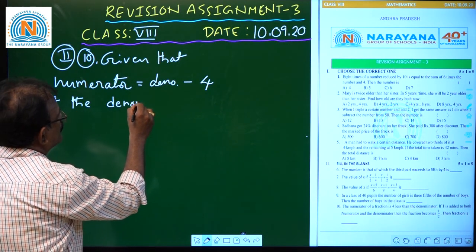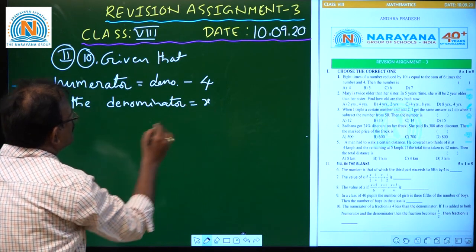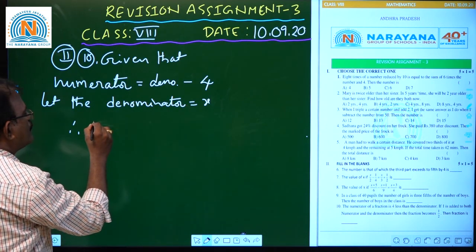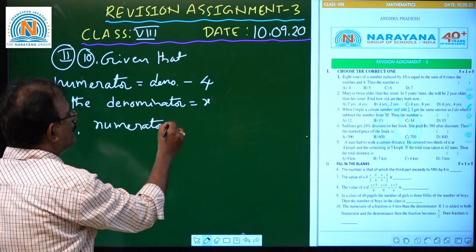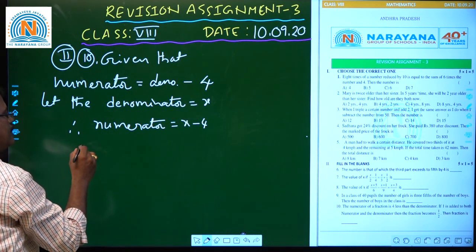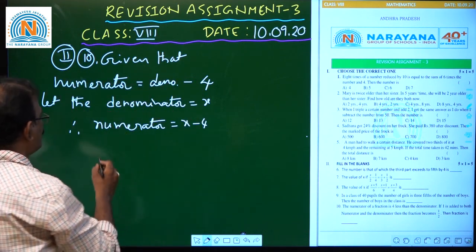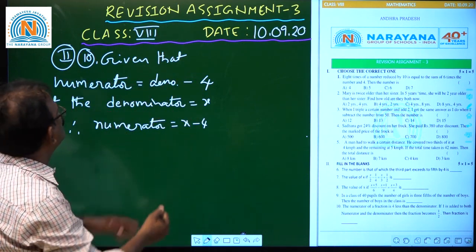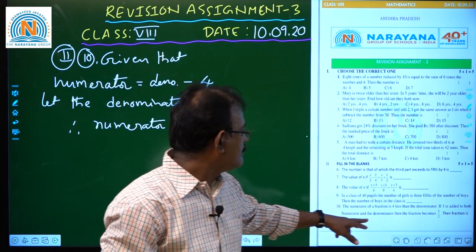Let the denominator be x. Then what is the numerator? It is x minus 4. Substitute x in the denominator's place. Then what is the fraction? Fraction is numerator by denominator, that means x minus 4 by x. Then what again?